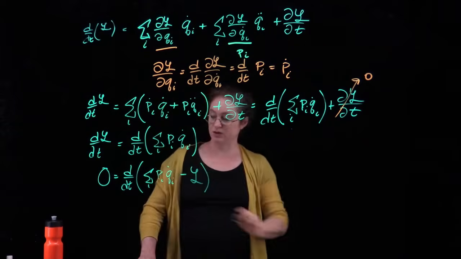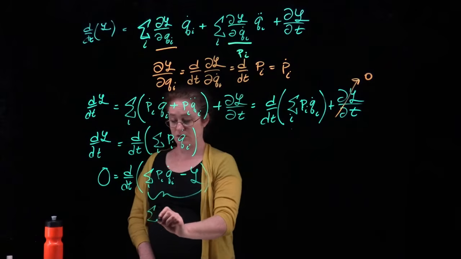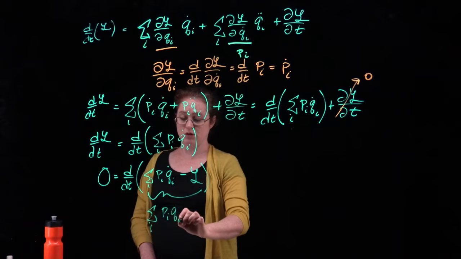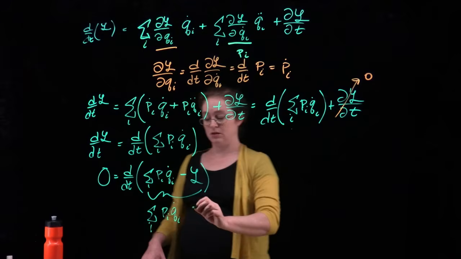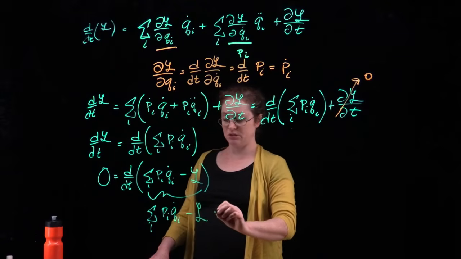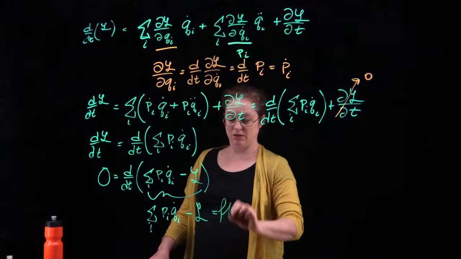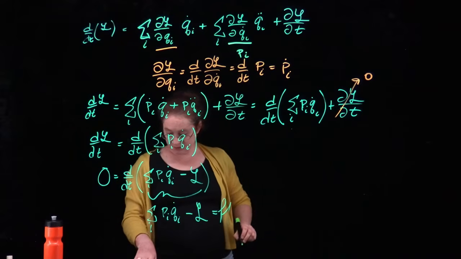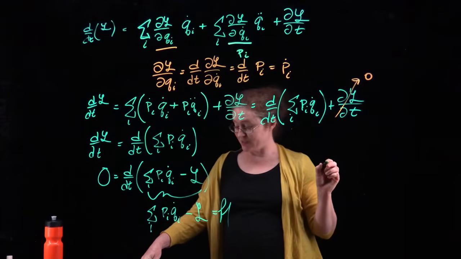So then we're going to define this mess in here, the pi qi dot minus the Lagrangian, as something called the Hamiltonian. And in many cases, the Hamiltonian is the total energy in the system.